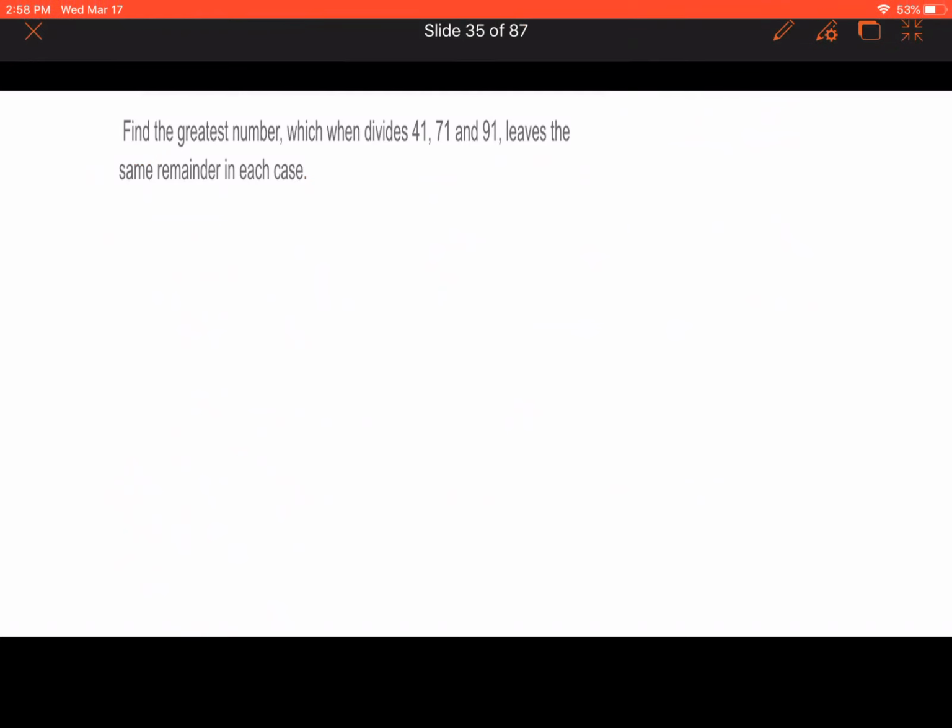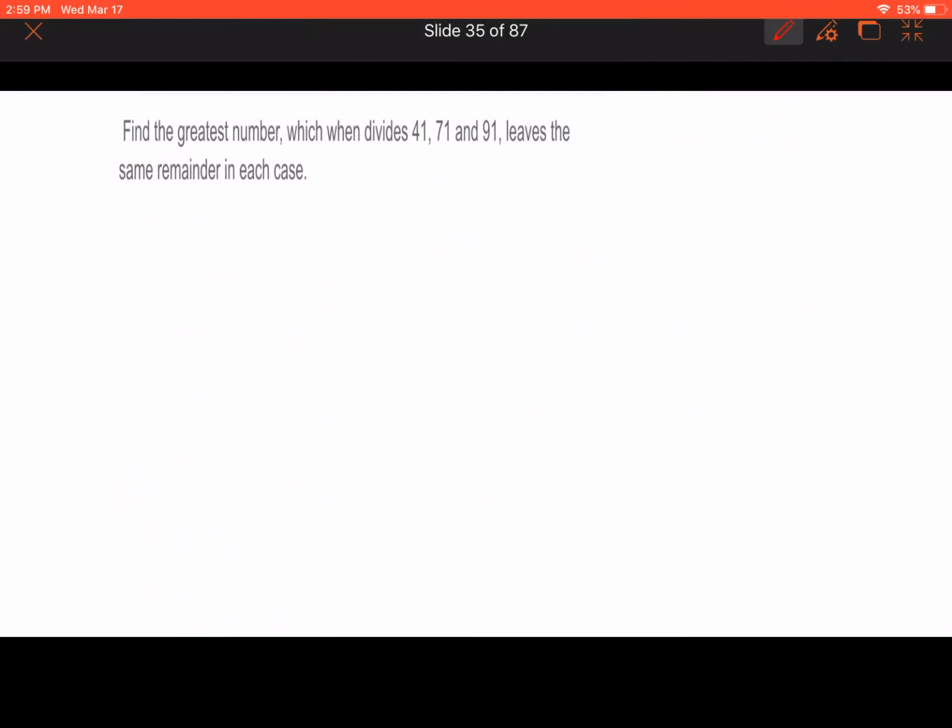So this is another example where we have to find the greatest number which, when it divides 41, 71, 91, leaves the same remainder. They didn't give you any remainder, like a remainder of 5 or 8, nothing. But they said that they will give the same remainder.